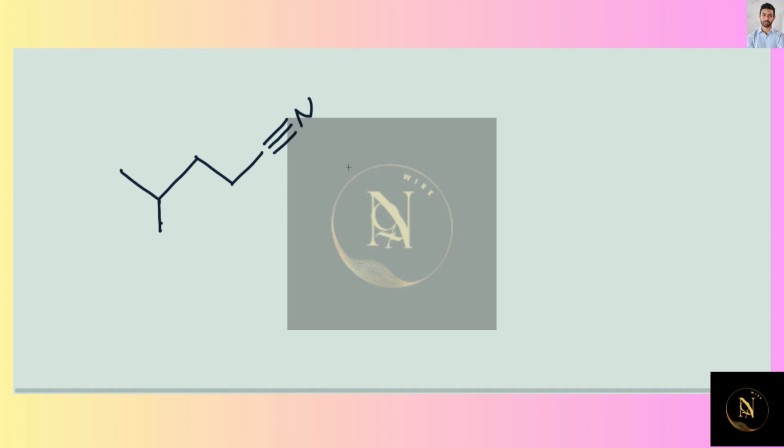So heptanol means a 7 carbon chain. 2, 3, 4, 5, 6. Let's see. 2, 3, 4, 5, 6, 7. And we've got a methyl on the 6 and an OH on the 3. And I will try to illustrate something here that may make this a little more obvious.